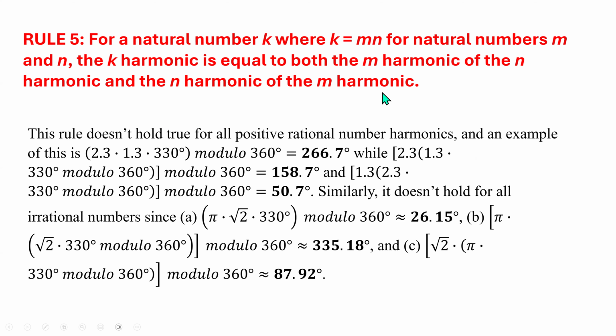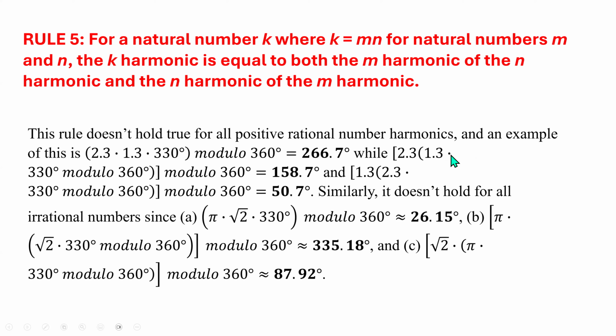Okay, now this rule does not hold for all positive rational number harmonics. An example of this is 2.3 times 1.3 times 330 degrees modulo 360 degrees, which comes out to 266.7 degrees.